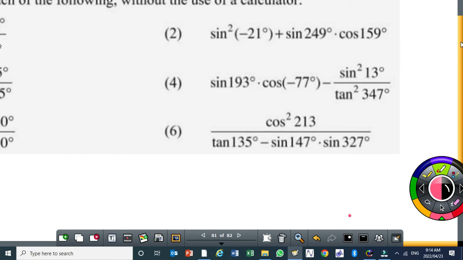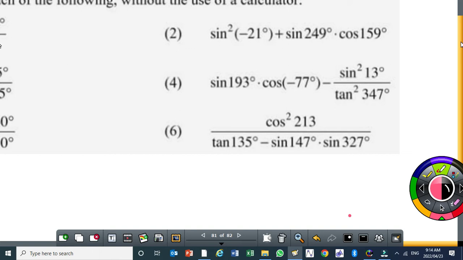And let me remind you that it's very important for you to know your trigonometry, not only for your grade 11, but for your matric as well, because it's a major topic. If you have not been practicing, you are taking a huge risk, because the topic is very long. I think throughout grade 11, it's the longest topic. There are a lot of concepts that you have to know.